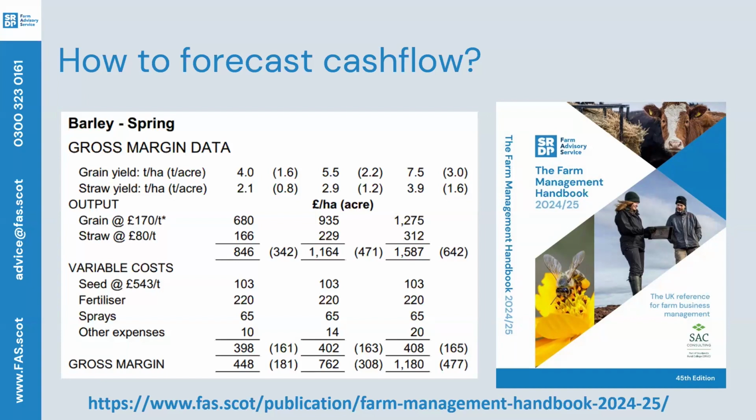So if we take the average number in the middle and say that we expect to get 5.5 tonnes of spring barley per hectare, at a sale price of £170 per tonne, that would give us an output of £935, plus another £229 for straw. So we would have an income of £1,164 per hectare. It's quite easy to multiply that up across the area that you want to grow on your farm.